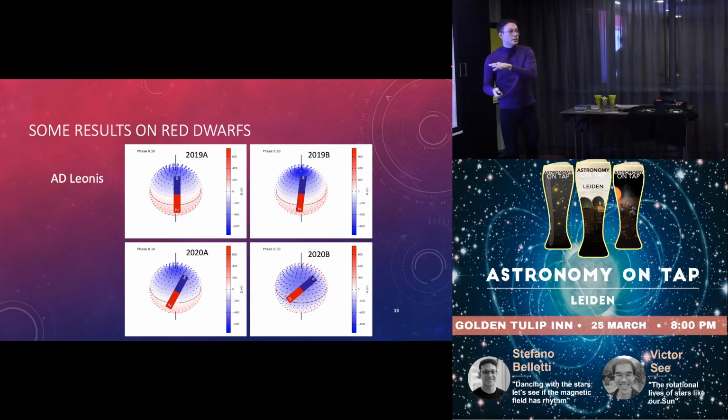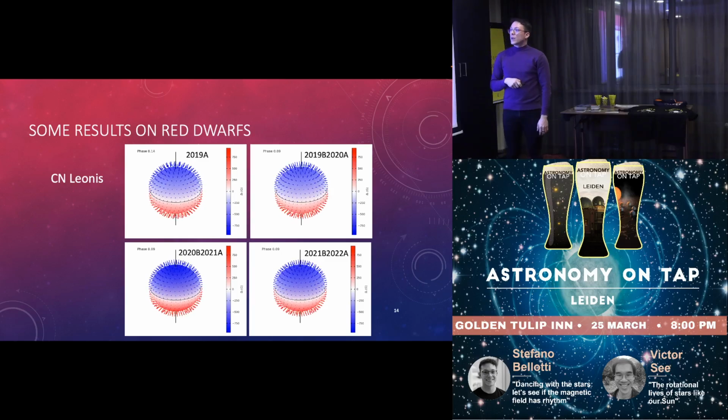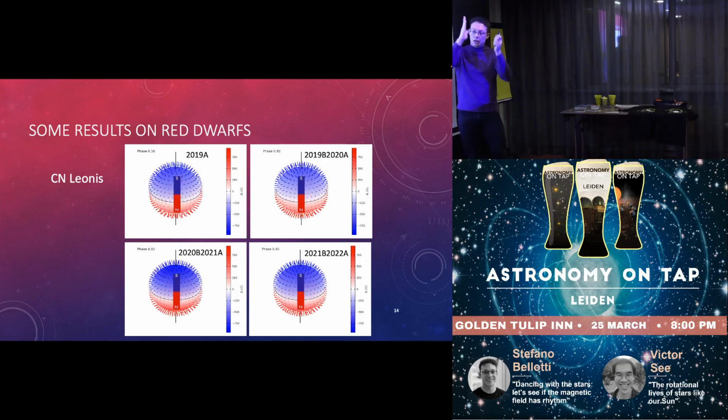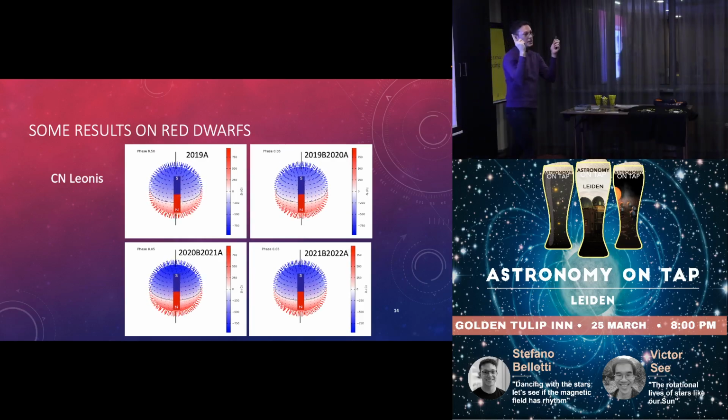And this is very important because we have never seen this kind of cycles for stars that are this cold, so to speak. Now, we have another star in the constellation of Leo, and in this case, as you can see, the dipole is not really changing much. It's just sitting there chilling and being always symmetric with respect to the spin of the star.